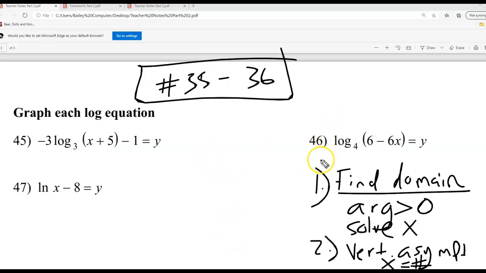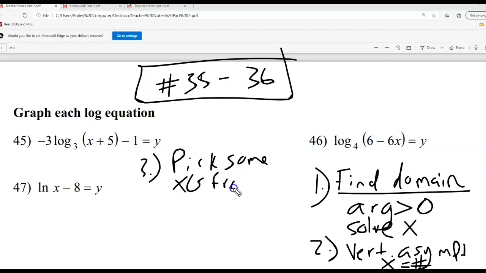The third thing that we're going to do is, oops, we're going to pick some numbers from our domain. This should say x's here.